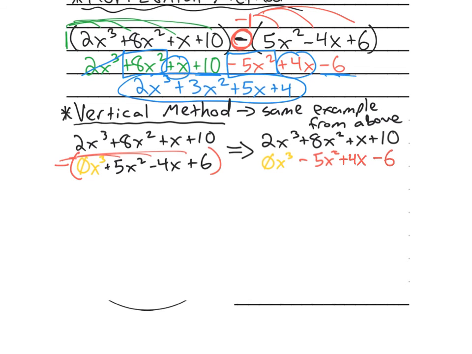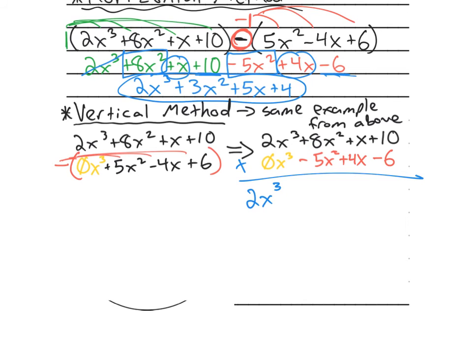Okay, so after we take care of the negative, we combine. Combine means what operation? Addition. We are doing subtraction in disguise with these negatives. All right, so let's add up our columns. 2x to the third plus 0x to the third is 2x to the third. The next column adds up to be what?